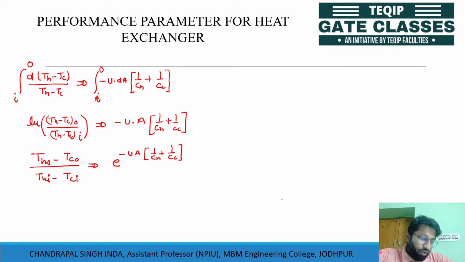Here it is required to find the value of the outlet temperature, as the NTU method is used when we know only the inlet temperatures of the hot and the cold fluid.